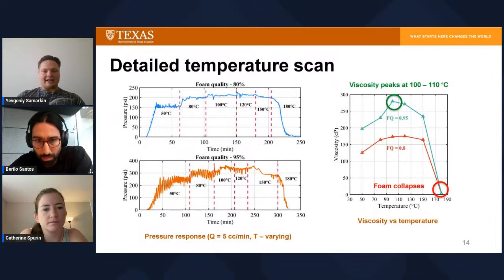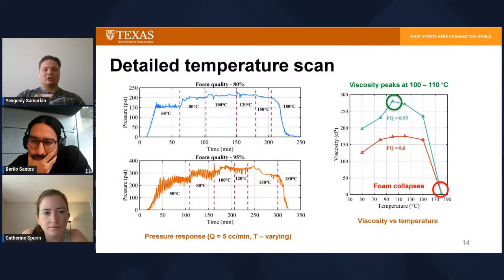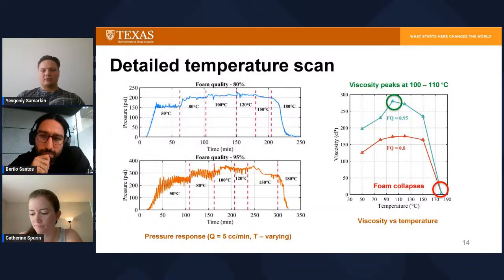We did further analysis, and in this case, we fixed the foam quality and just constantly injected it into the sandpack while varying the temperature over time. And we observed some interesting results. Someone would expect that at low temperature, the foam might perform better. However, that was not the case for us.